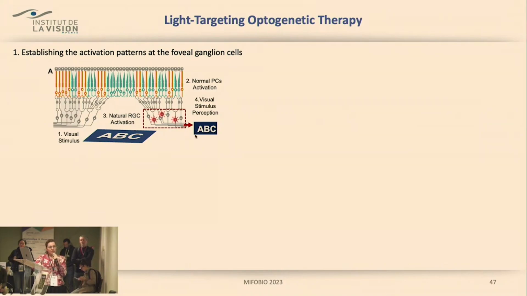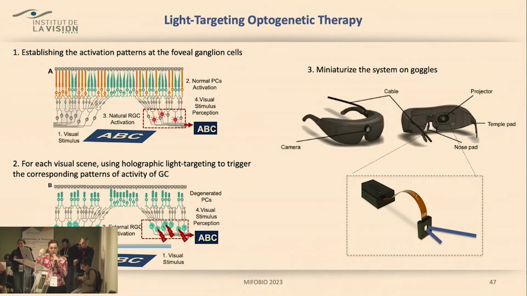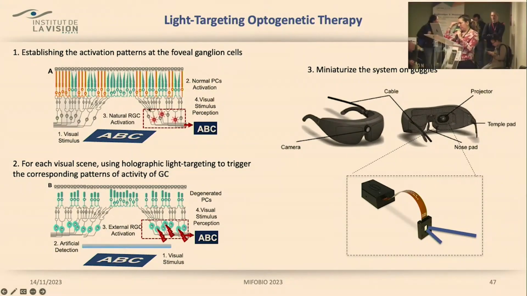So what we tend to do in the lab is use projection of more specific patterns to see which ganglion cells respond to specific patterns, and then use SLM targeted illumination through the goggles to retarget the same ganglion cells and see if the patient can perceive the same information as he would with a healthy retina.